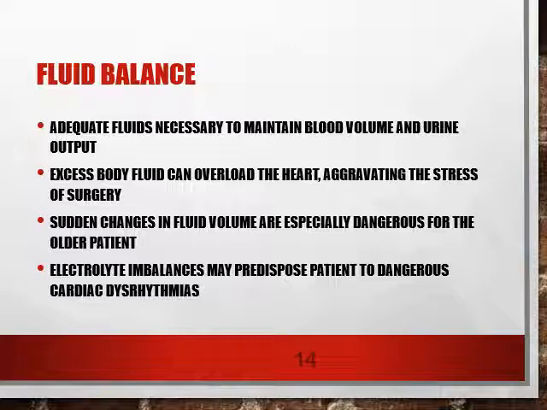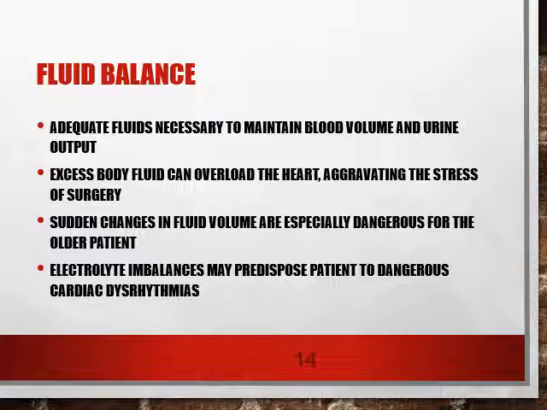Electrolyte imbalances may predispose patients to dangerous cardiac dysrhythmias. So we just talked about electrolytes. Do you remember the electrolyte that could lead to a dangerous cardiac dysrhythmia? Well, it's potassium. So potassium is an intracellular electrolyte, and it's in the cell.